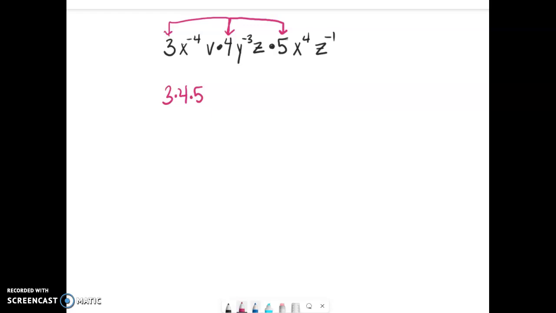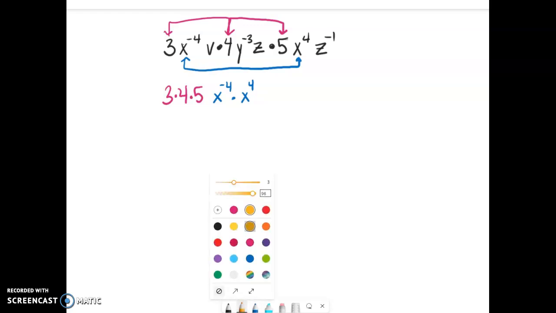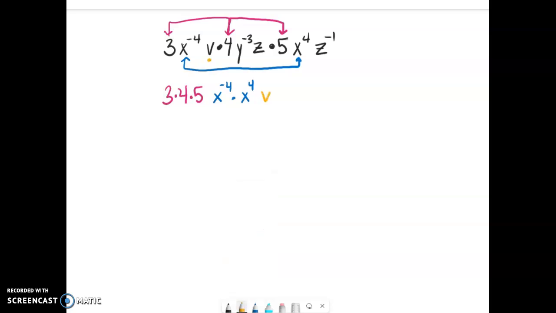and I'll simplify that. Then the variables, I'm going to multiply the like bases together. So these two are alike, so this will be x to the negative 4 times x to the 4th, and I'm rewriting them next to each other, the ones that are alike. The v doesn't have anything to combine with, so this is by itself.